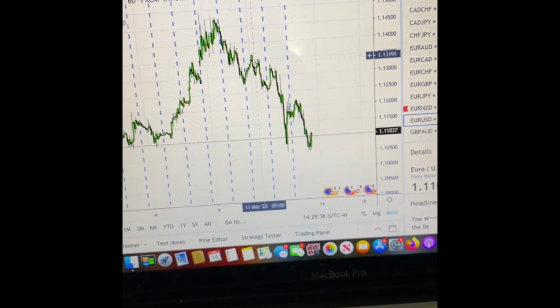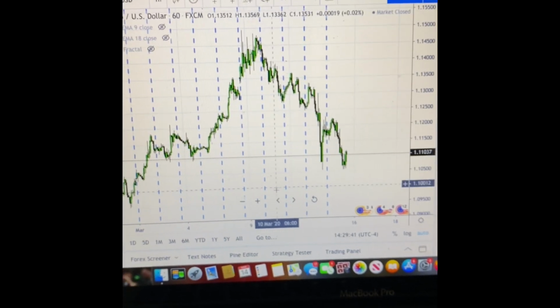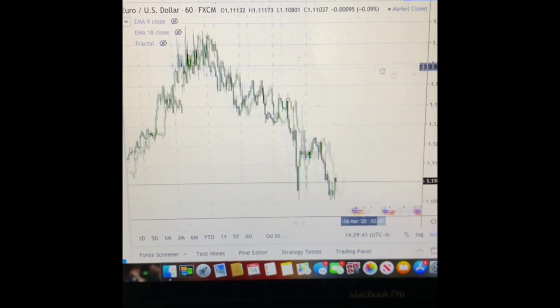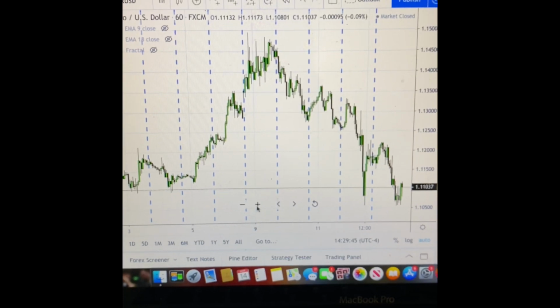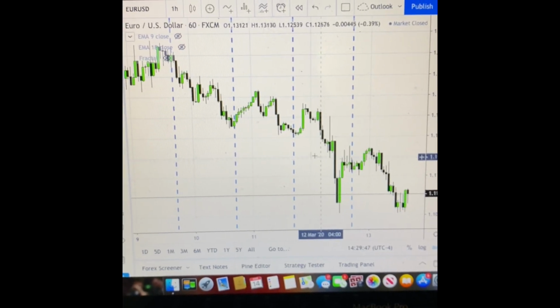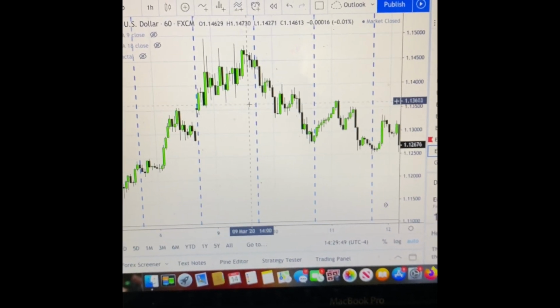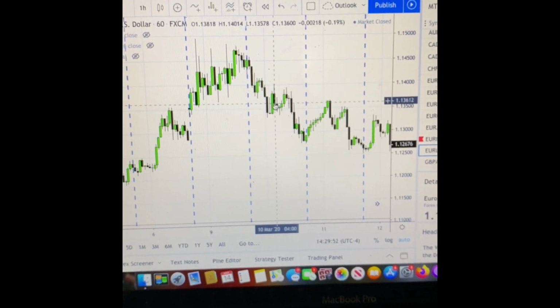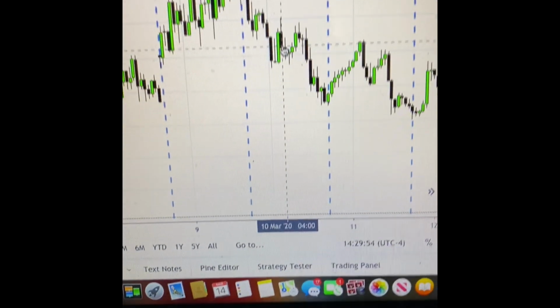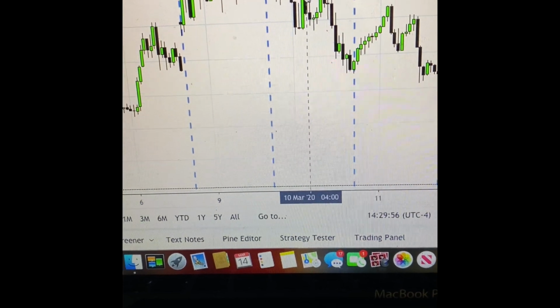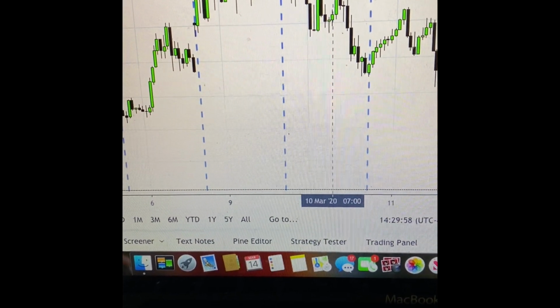Now, with that in mind, and with prior context of things that I spoke about in previous videos, we're looking to essentially get into these sells or these setups around these peak sessions. So for example, this is 4 a.m., creates a high. We can enter right here off the top of this candle.